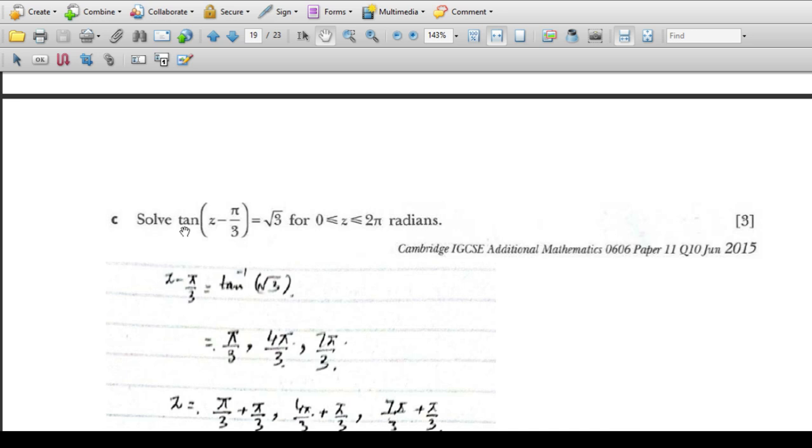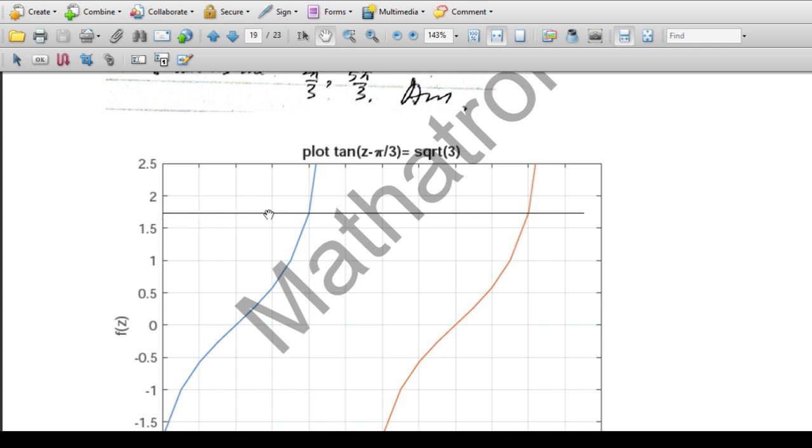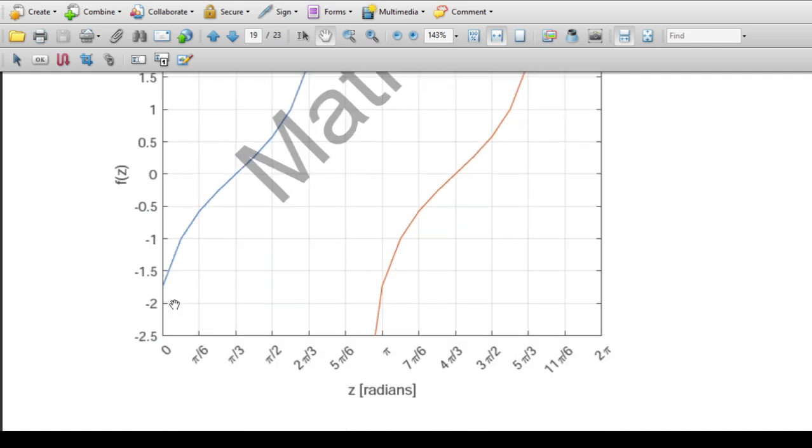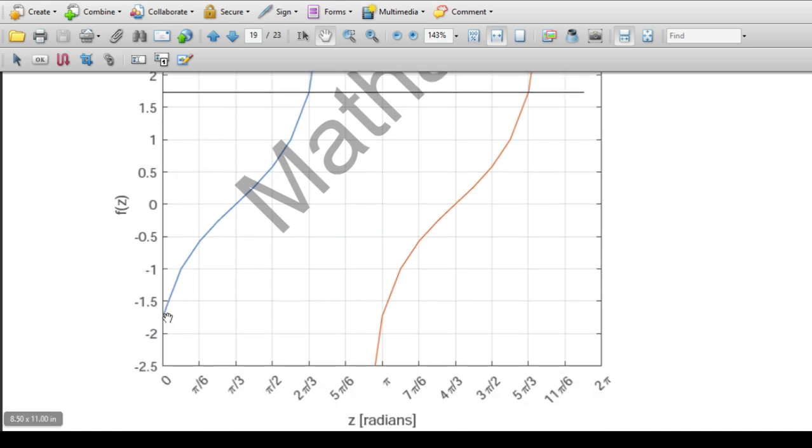Now we are plotting this tan(z − π/3) and equating it with √3. This black line is √3, and we have plotted tan(z − π/3) here. The red and blue lines are the tangent for this range and for the other ranges. It is intersecting at these 2 points.